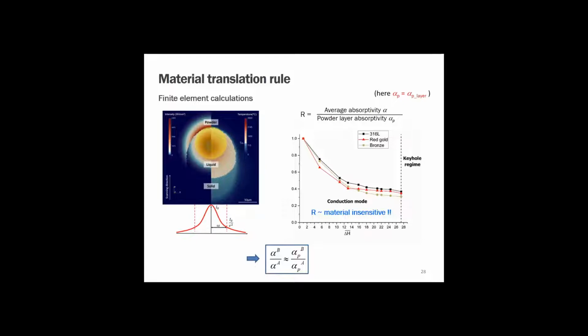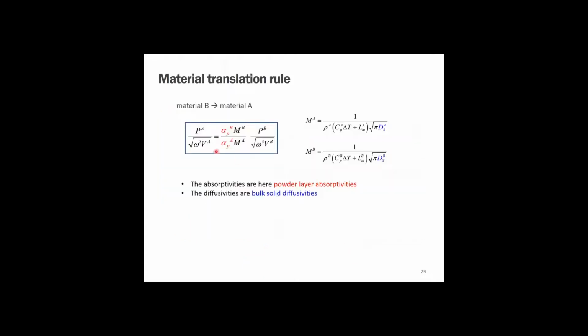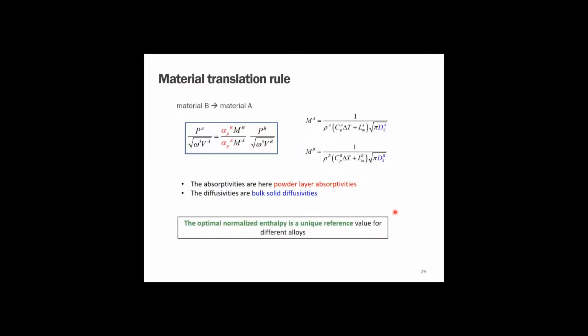So that means you can come back to what I would call a translation rule, and simply use the ratio of the powder layer absorptivities and the solid bulk diffusivities as the material-related parameters. That means that, coming back to the initial question, the optimal normalized enthalpy is indeed a unique reference that can be used for different alloys, at least for the three different ones that we have looked at.